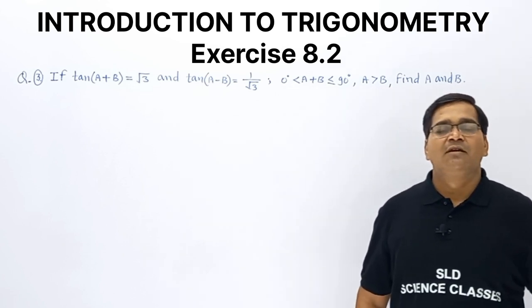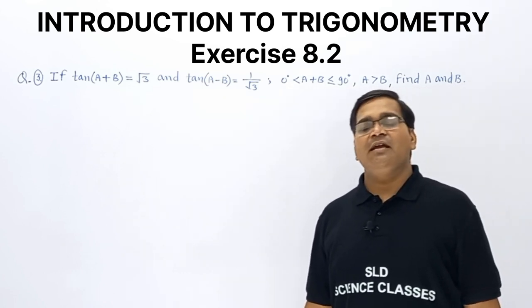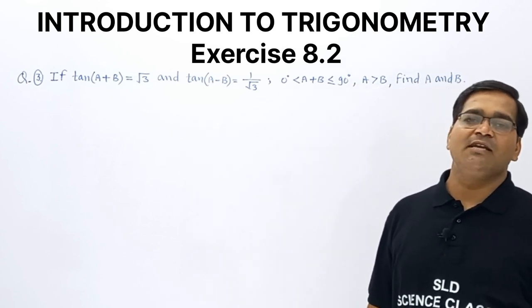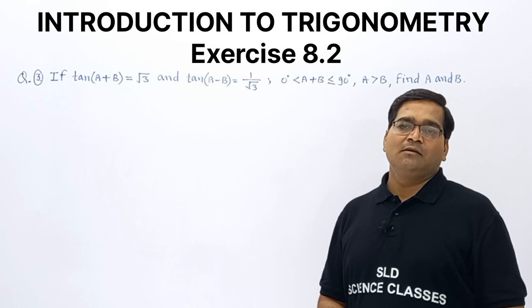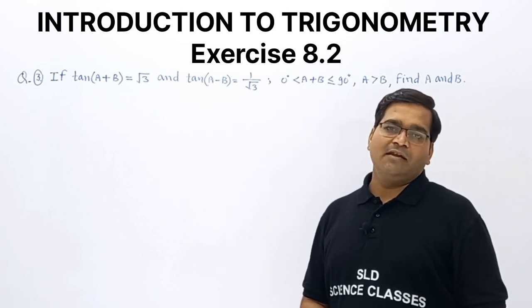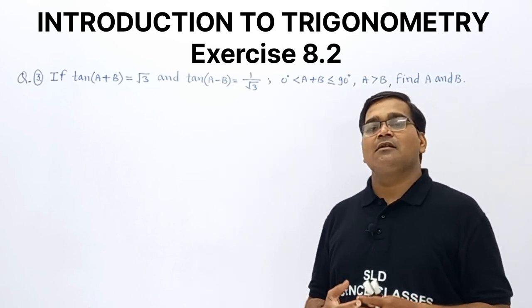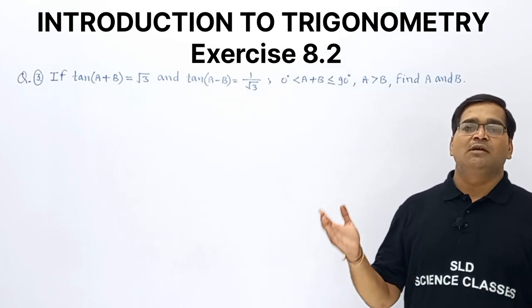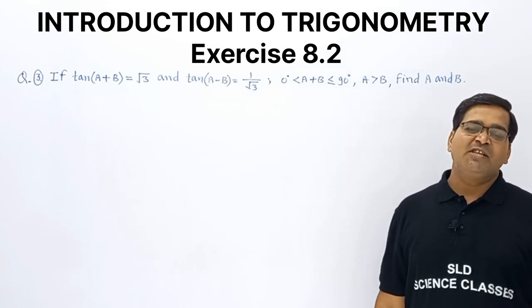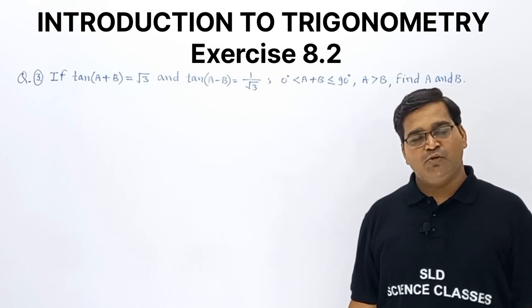We have 5 specific angles we studied already: 0 degree, 30 degree, 45 degree, 60 degree and 90 degrees. These are in our syllabus. We studied the values of trigonometric ratios at these specific angles.